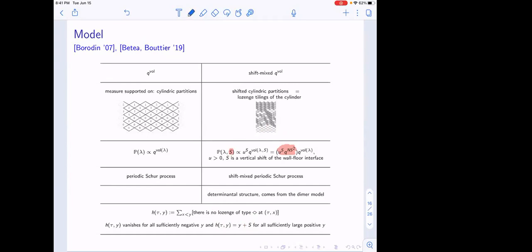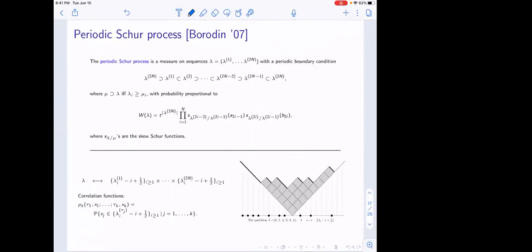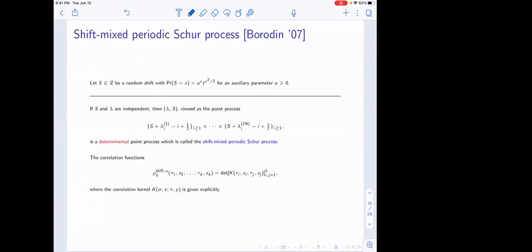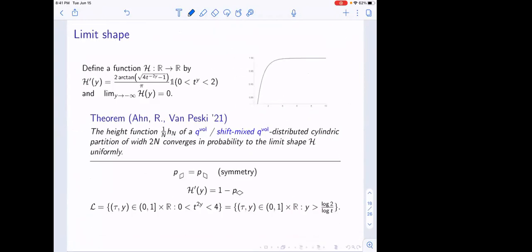And in the unshifted Q to the volume case, we just fixed S to be 0. Okay, so let me actually skip this.